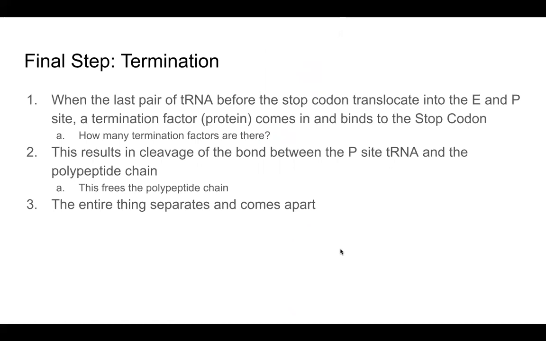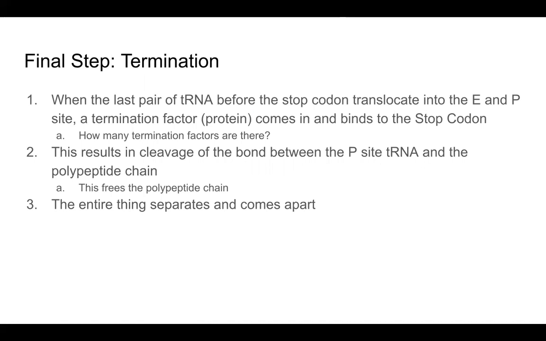Okay, now the last step is termination. After the last pair of tRNA and amino acid comes in and binds to the codon on the mRNA, you have your full polypeptide chain. The next thing that shows up is a stop codon, right?